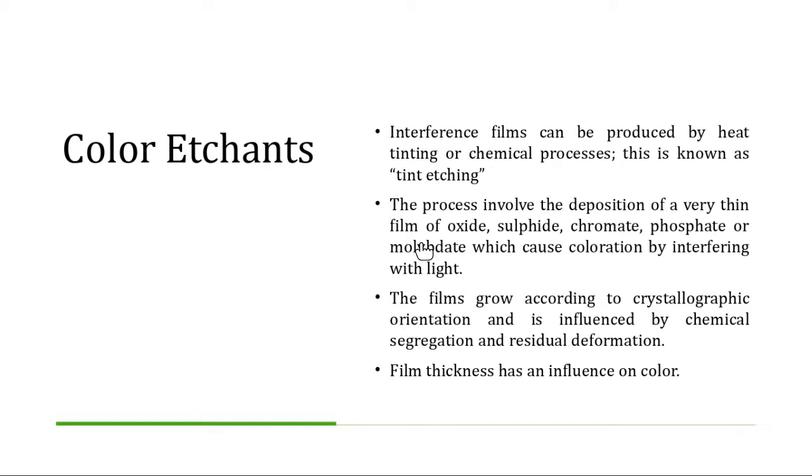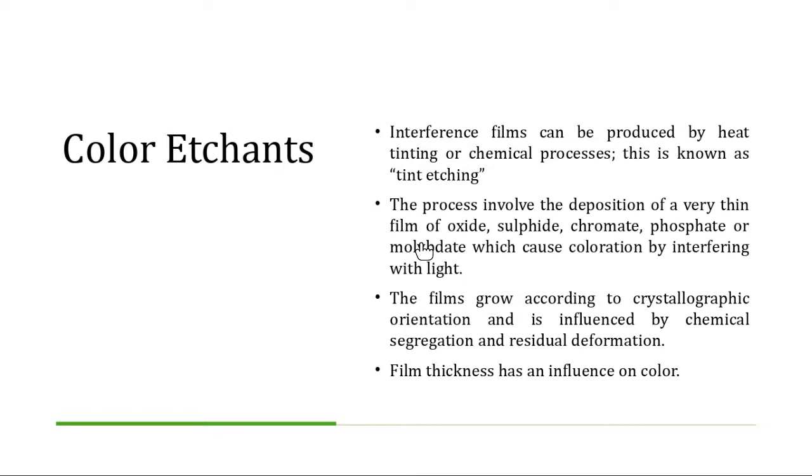The coloration is also dependent on the crystallographic orientation, and can be influenced by chemical segregation, residual deformation, and also the thickness of that film. So this is a very tedious and sensitive etching method, but it does have its uses.